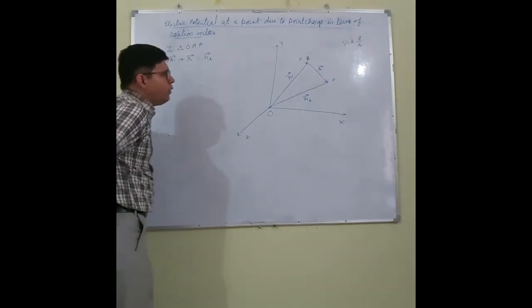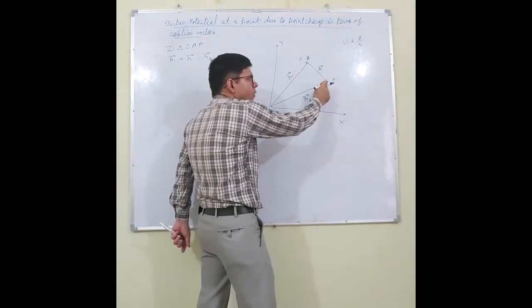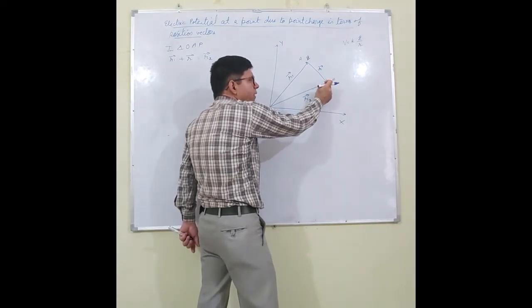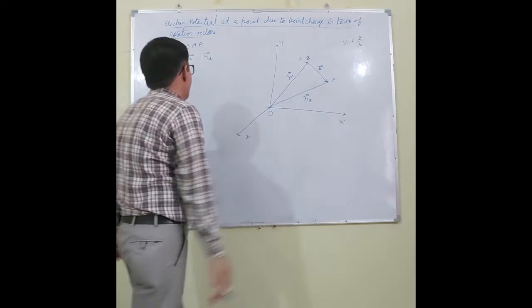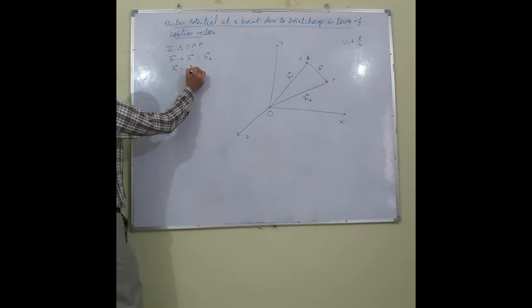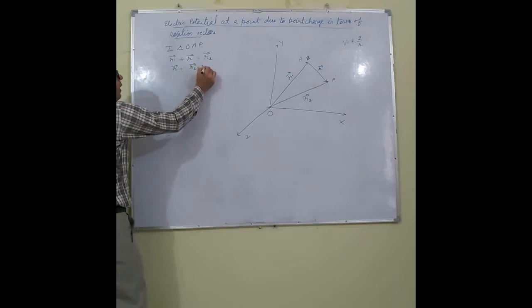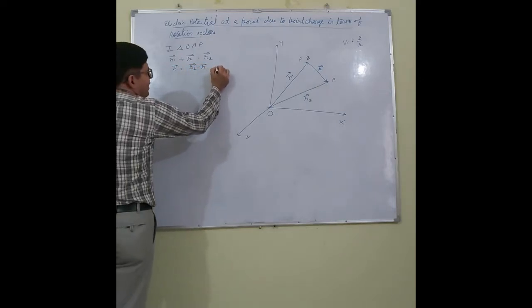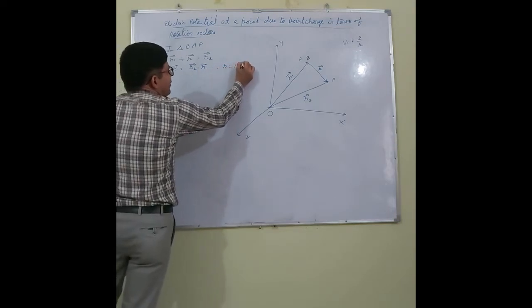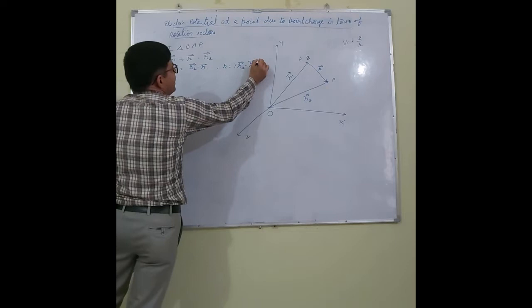Why does it equal R2? Because it is in opposite order. The reason is that two arrowheads are facing one another. So I can calculate this R equals R2 minus R1, and the magnitude of R equals the magnitude of R2 minus R1.